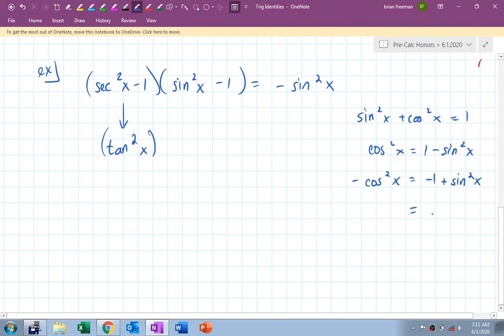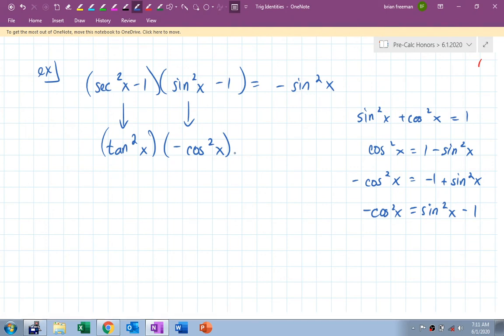So this is sine squared minus 1 now. So really, negative cosine squared x is sine squared x minus 1. So this becomes negative cosine squared x. All right, now we're still not anywhere near negative sine squared of x, but we're getting there.